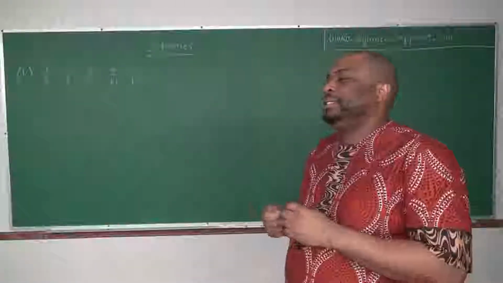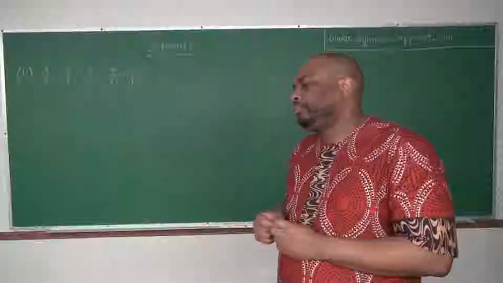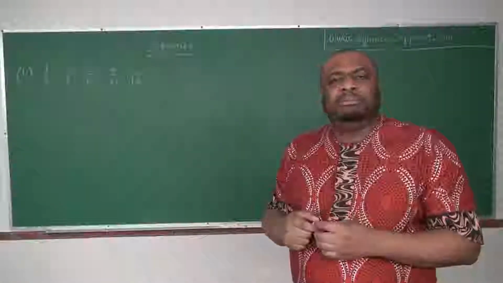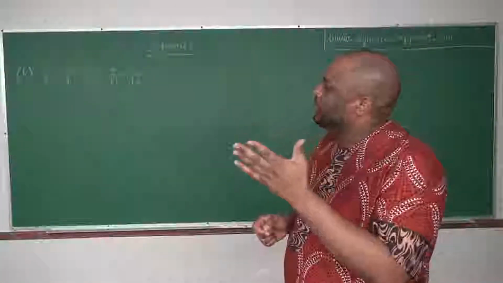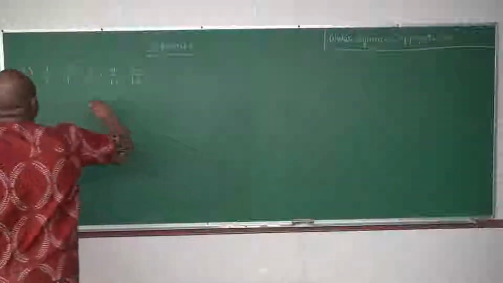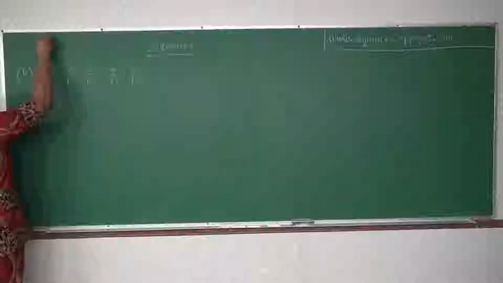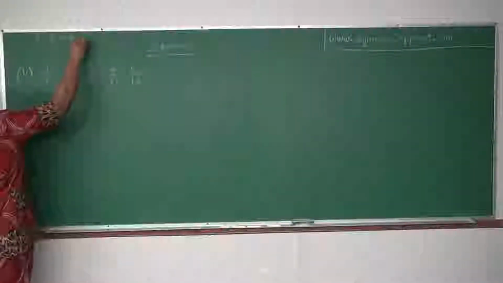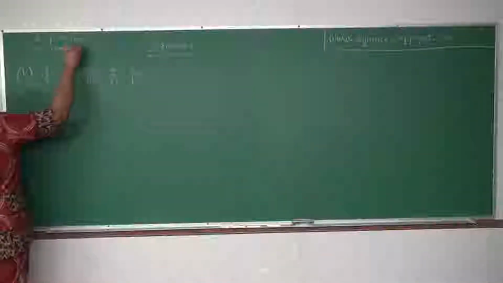When you have something like this and you want to write the nth term, you might want to try to look at it and see whether you can simplify some things. So here, of course, as usual, we know that A is the first term, and n is the number of terms.